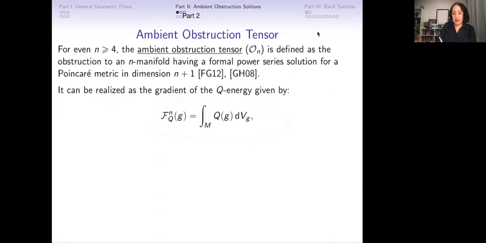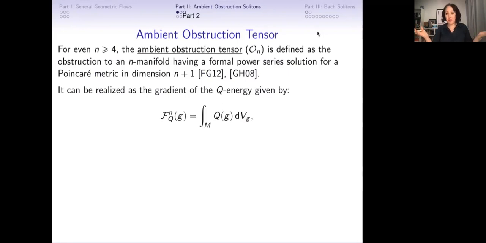and if the ambient obstruction tensor is going to be the gradient of that energy, or think of it loosely as the derivative of that energy, well, how do derivatives relate to things? We know that when the derivative equals 0, for a curve, for example, or a surface, we have an extrema, right? Or a flattening out, if you will.